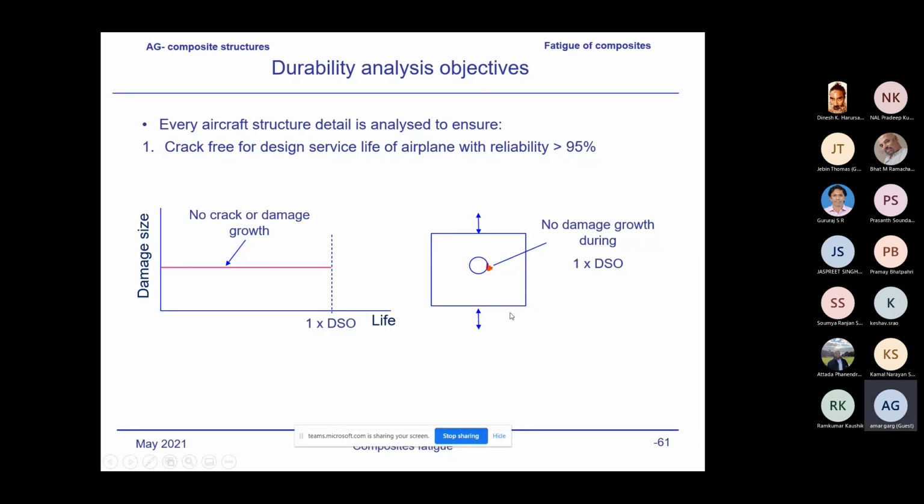So this is very important here. That means, sir, one DSO is based on the safe life approach. Yeah, virtually you can call it the safe life approach, yes, with all the relevant factors of reliability, confidence factor, material factor, and process factor, everything merged together to determine the life.